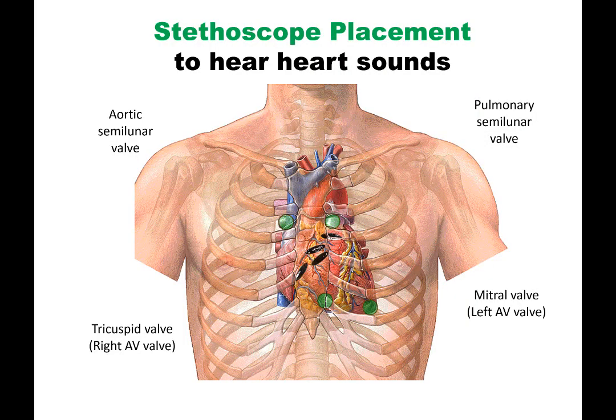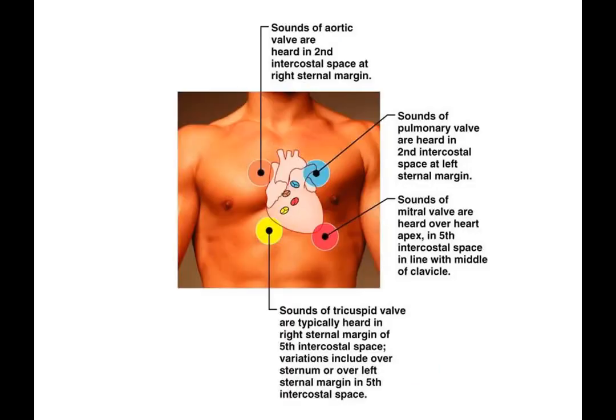This portion is more for your application of this information, but you will not be tested on the placement of the stethoscope. This is meant to show you in the green circles where the stethoscope would be placed to optimally hear specific valves. The valves are indicated here in these black ovals.